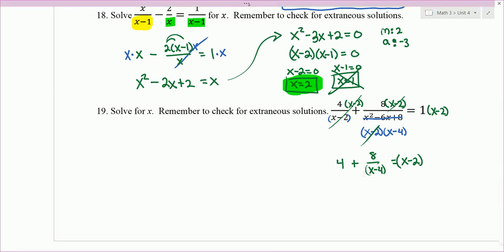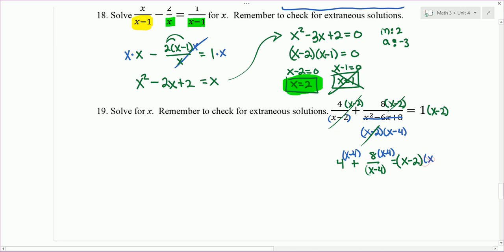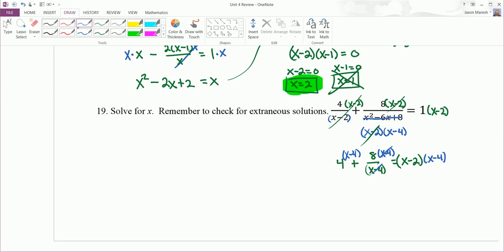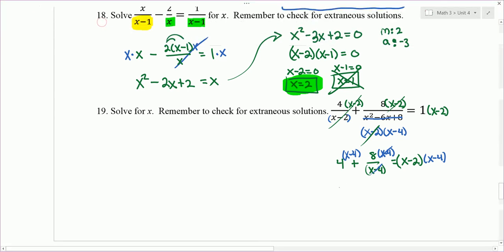Next, I want to get rid of my remaining fraction by multiplying everything by x minus 4. Allows me to cancel out the x minus 4's in the fraction. And now we have 4 times x and 4 times negative 4, which is 4x minus 16.